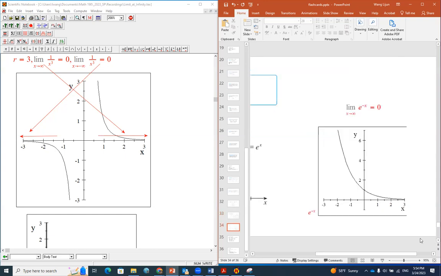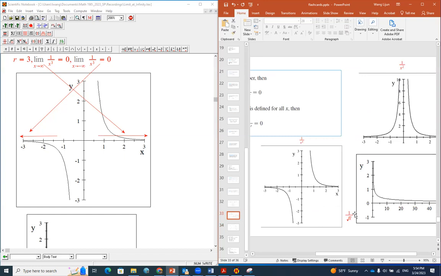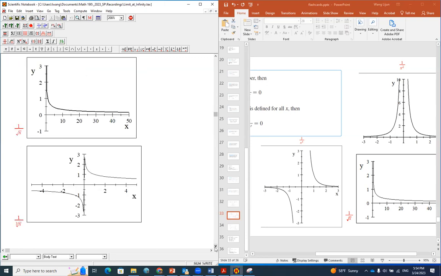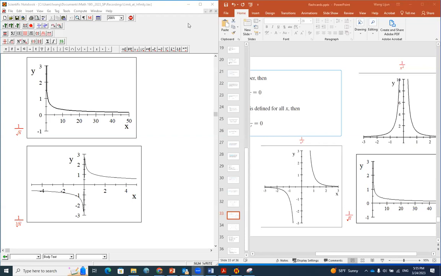It has only one piece. I have the picture ready here. As x is approaching positive infinity, you have to take into consideration the domain.